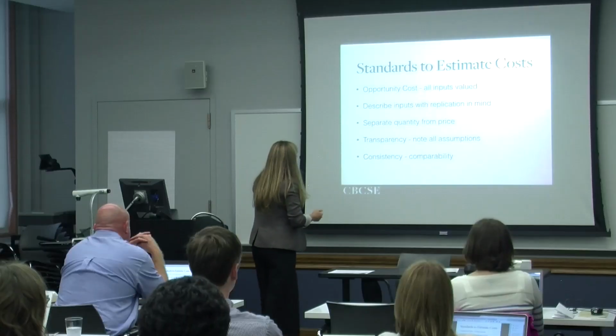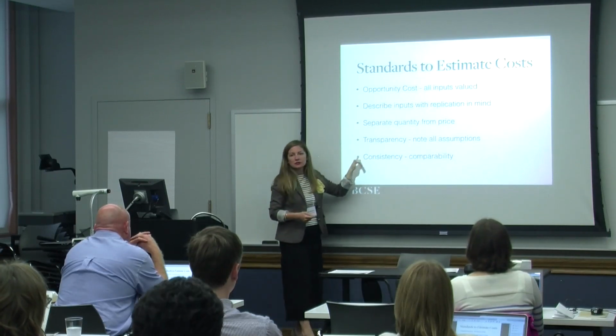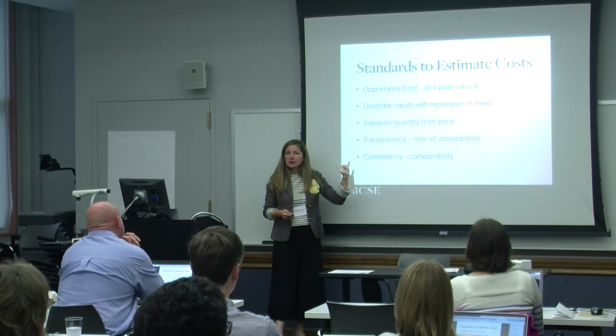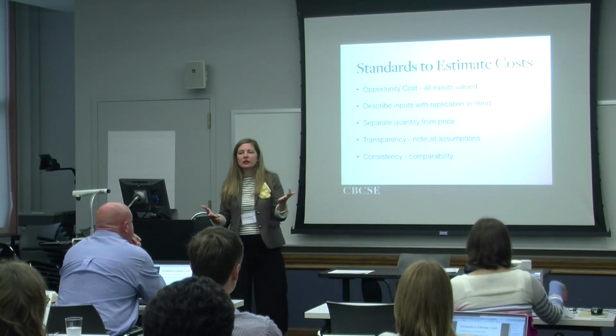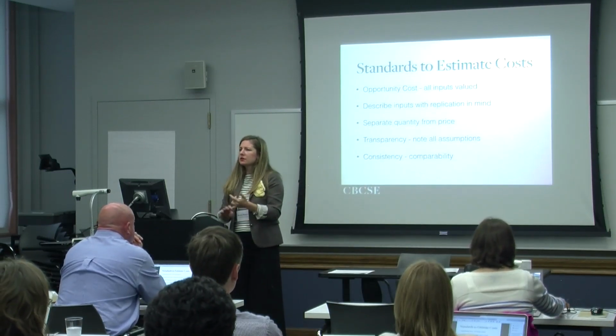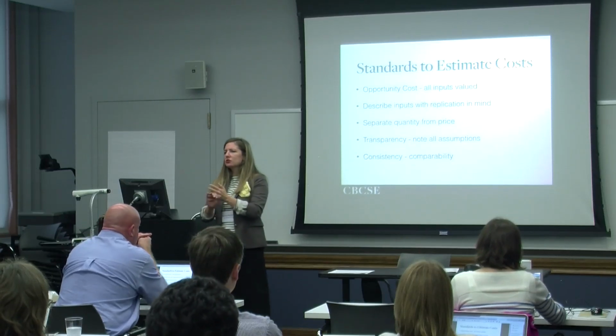So the biggest thing here is that we be really transparent. There are some simple decisions that we'll make, like we might be using prices for this year, and maybe we're using national standardized prices. But there might be a lot of other decisions that we make too.